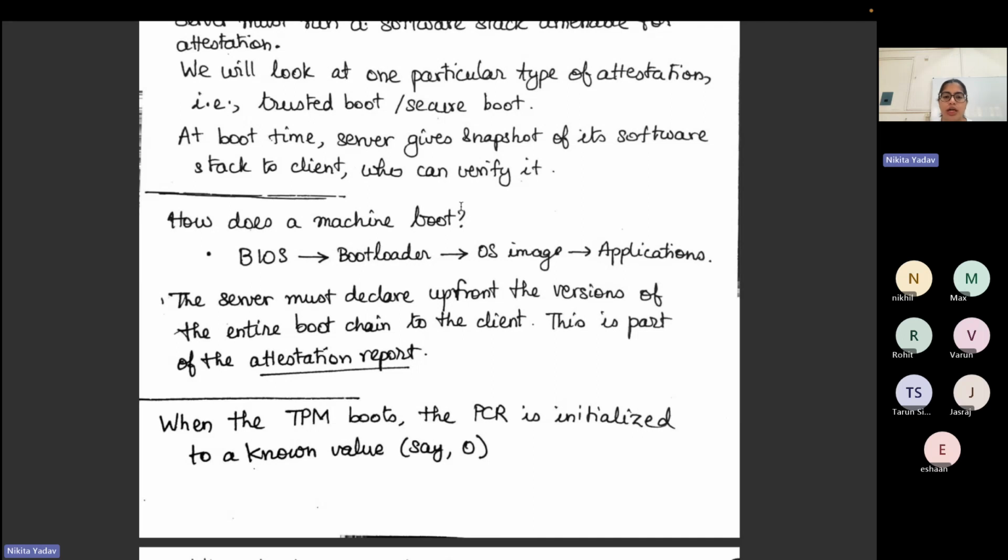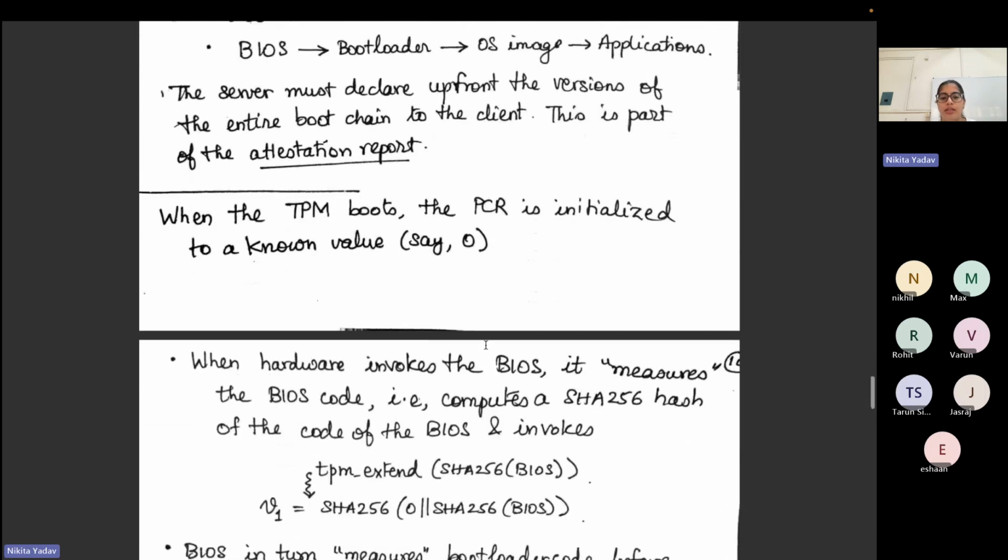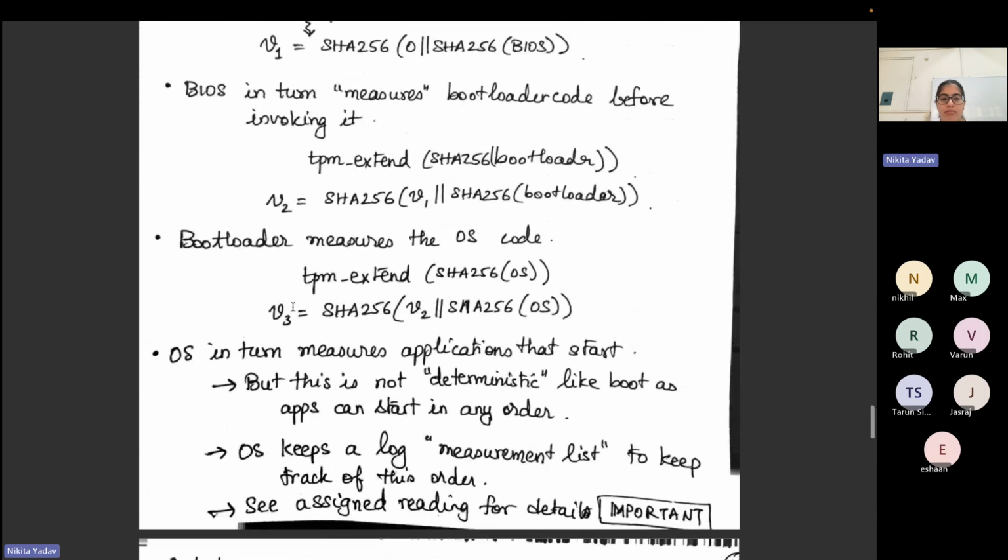Similarly, when the bootloader has to start the OS, it's going to take the hash of the OS and pass it to the TPM, and so on. In the end, the value generated in the TPM is what you are going to use as a proof.